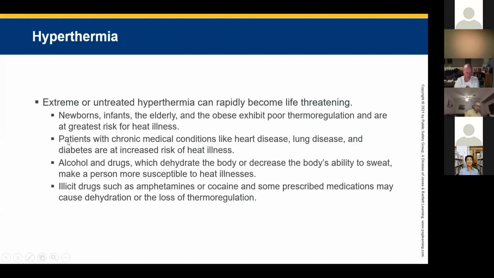Patients with chronic medical conditions like heart disease, lung disease, and diabetes are at greater risk. Why are people with diabetes at a greater risk? Give me a reason. It affects the way the body regulates itself.